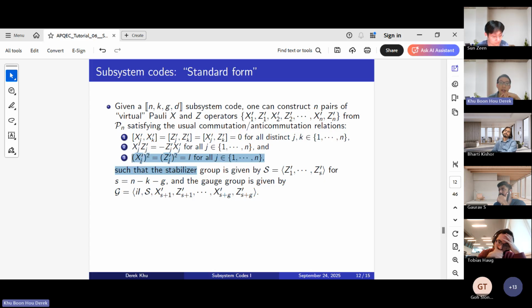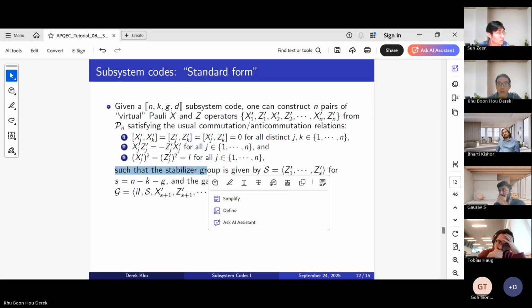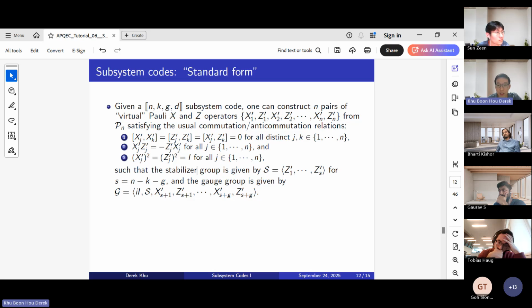And then the squares are all the identity, which is really just saying that they have real eigenvalues. We could arrange such operators in a way that the stabilizer group is just the S of the operators over here. The stabilizer group is an abelian group, and if it's of size S, then S is going to be n minus the number of logical qubits minus the number of gauge qubits.